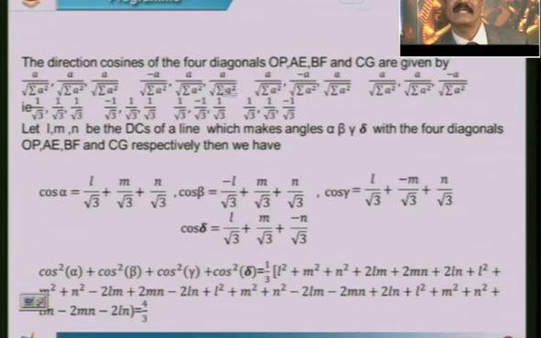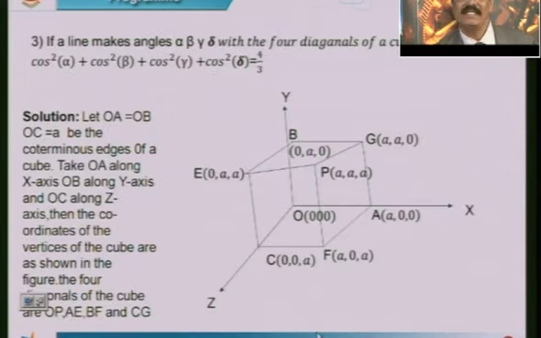Similarly, for the line AE, you subtract like this: 0 minus a, a minus 0, a minus 0. The first one, 0 minus a, gives a negative sign; the other two are positive.